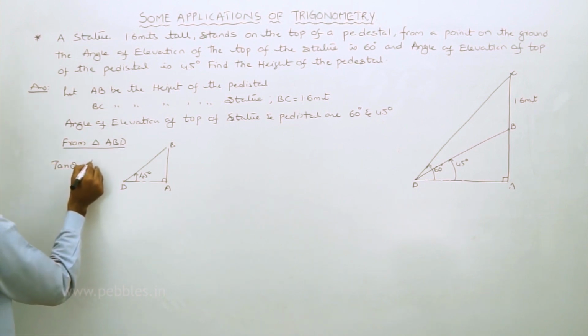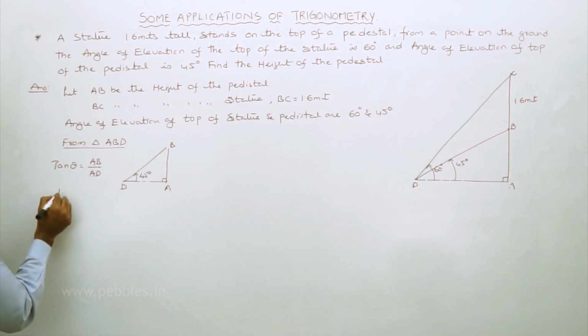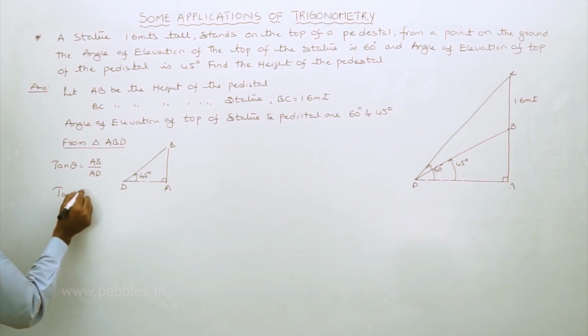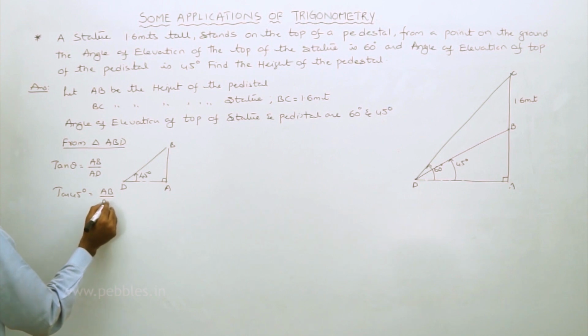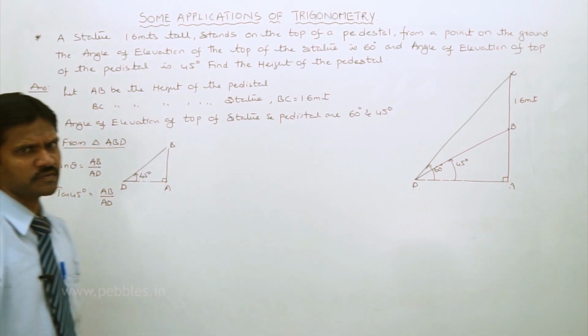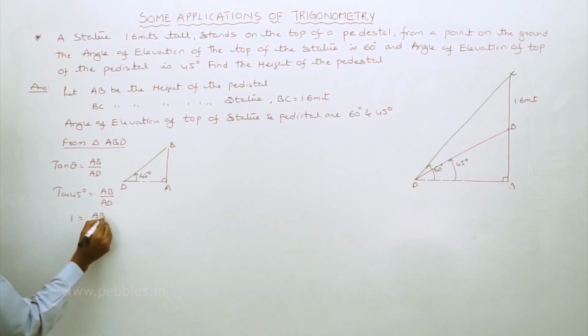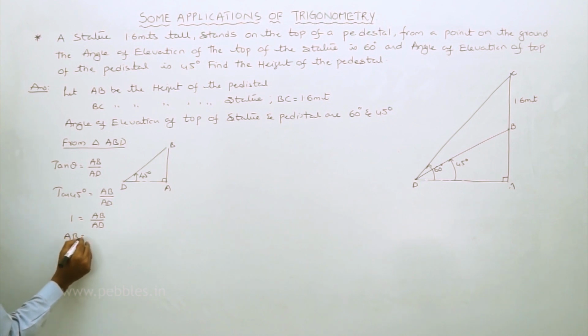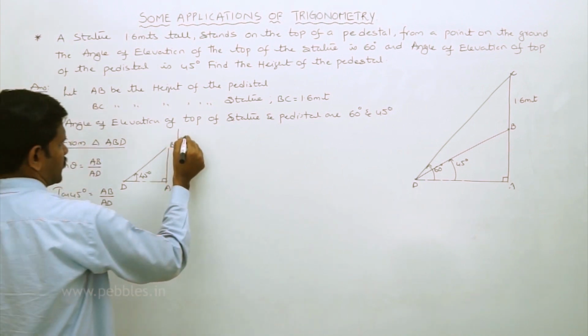Tan theta is equal to opposite side AB by adjacent side AD. Tan 45 degrees is equal to AB by AD. Both are unknown values. And 1 is equal to AB by AD, that is AB and AD are both equal. Now let us come to the second.